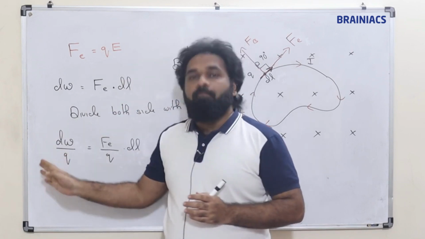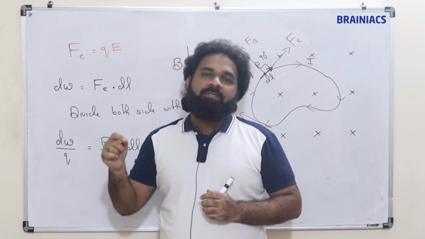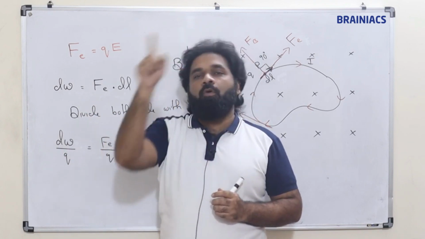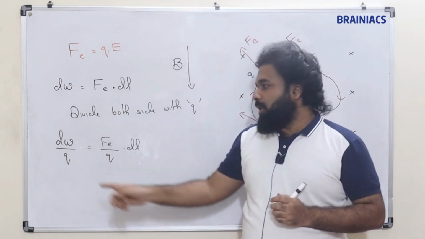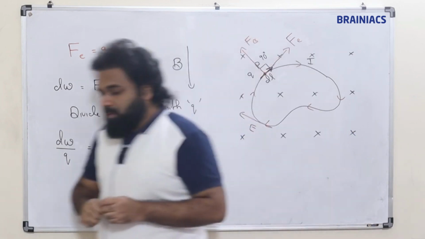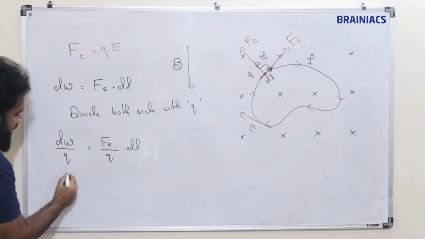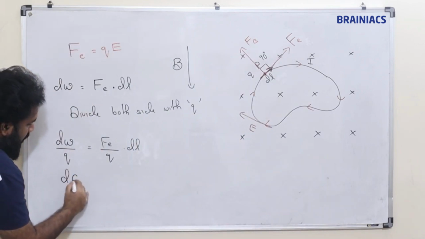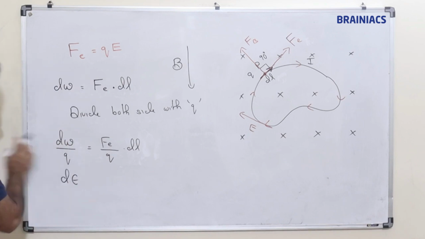EMF is the work done to move a charge around the entire closed circuit. We have studied that there, so I am using it here. So the work done per charge is nothing but the small EMF, dW by q. Instead of writing E, I am writing dE.